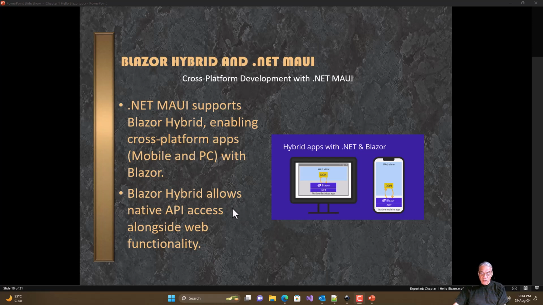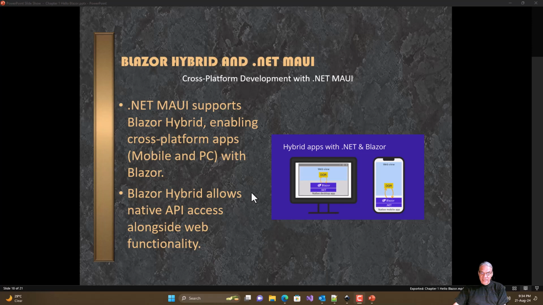So with Blazor, you can actually reuse your components that you're using for your web application to also make a mobile and PC app. This is great if you're building a web application, but you're anticipating that you're going to need an Android application to work with this, and so this is a great feature as well.